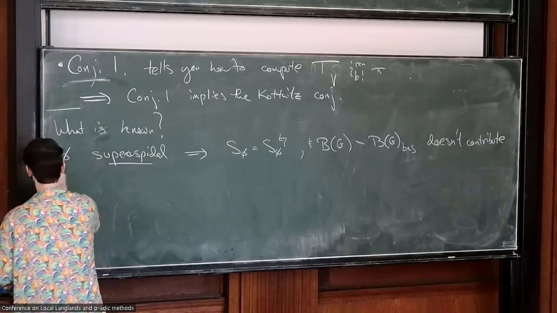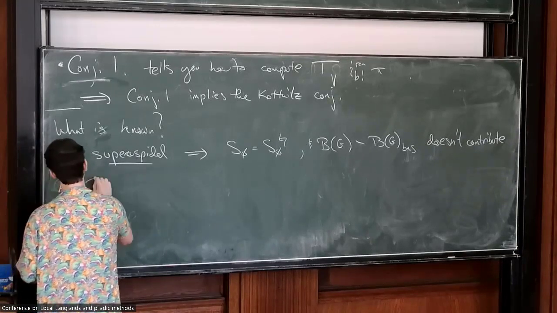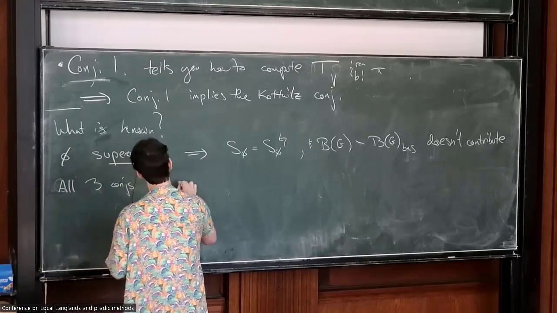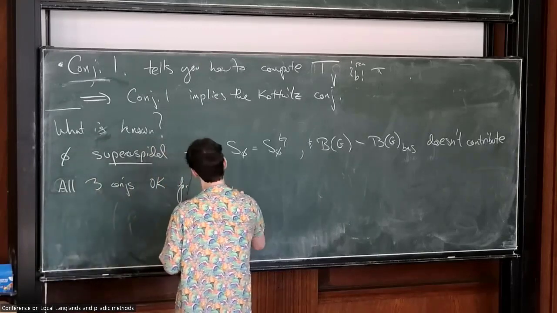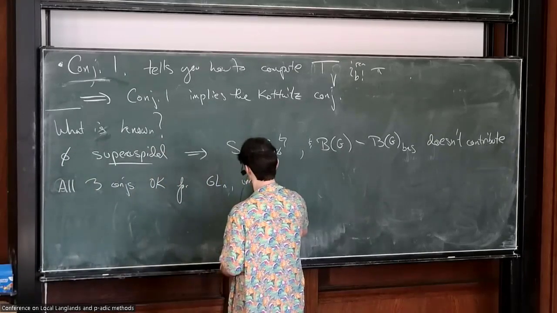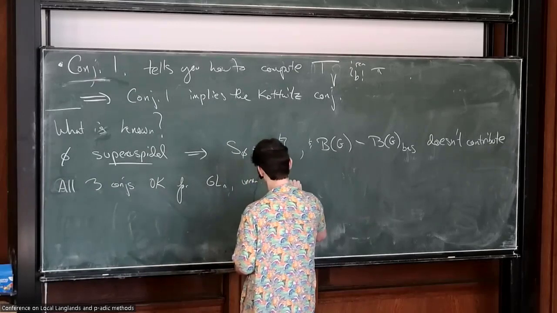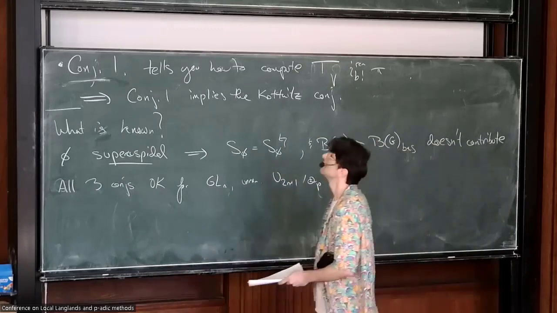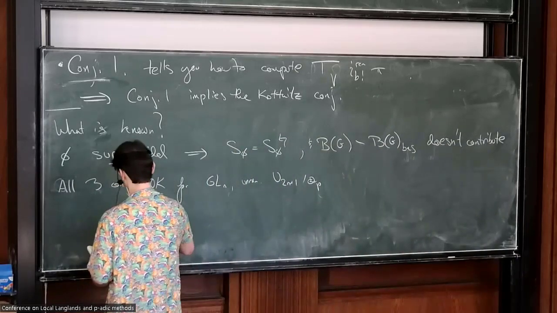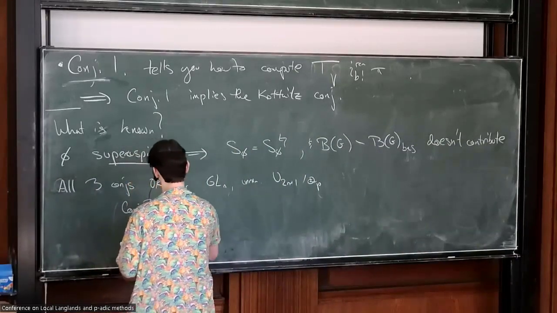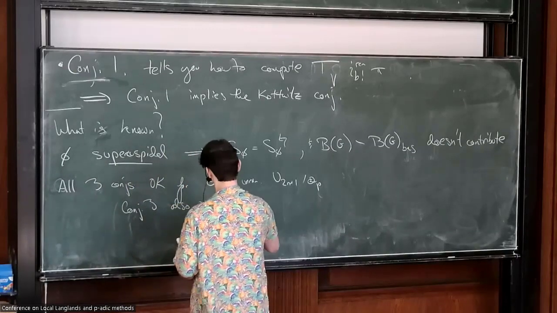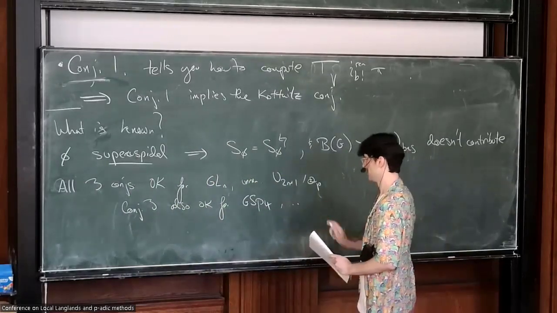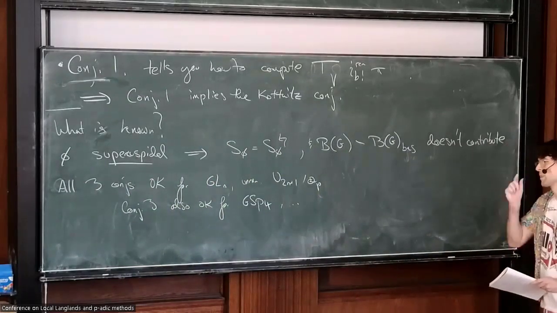So say all 3 conjectures are okay for GL_n and unramified unitary groups of odd dimension over Q_p, and then conjecture 3 is also okay for GSp4, and maybe even add some other groups to these lists.